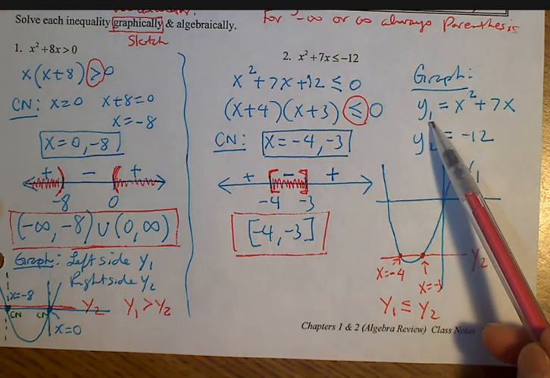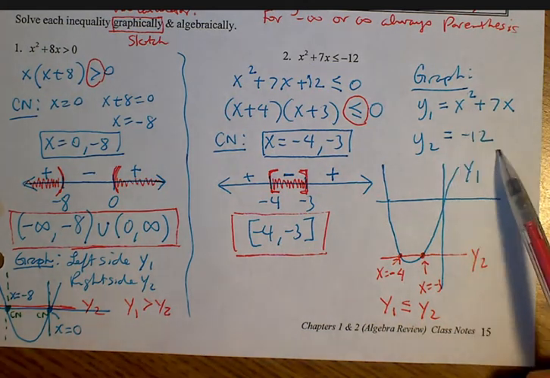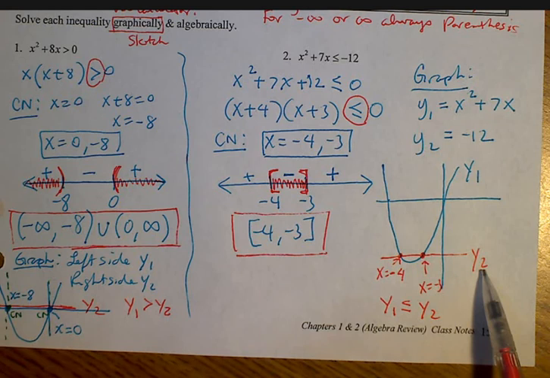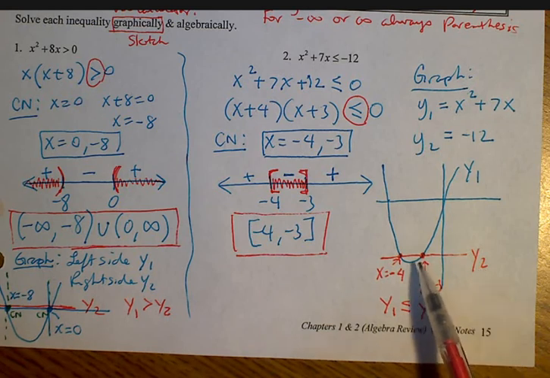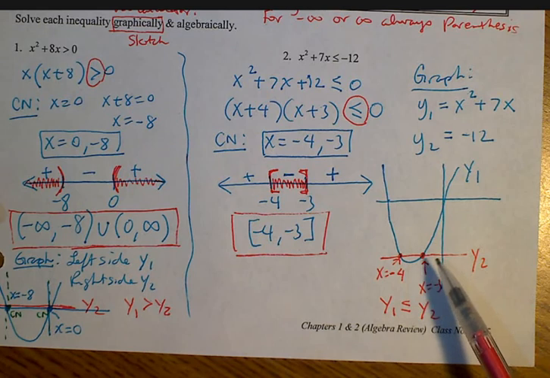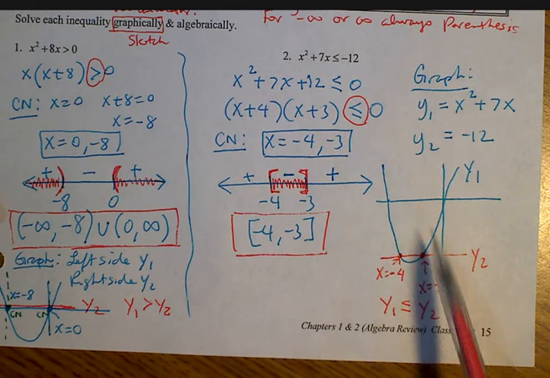Okay, for the graph, I have y1 on the left side as x squared plus 7x, and y2 is -12. So y1 is the blue graph, and y2, -12, is the red graph. I've just color coded this so that it's easier to read.